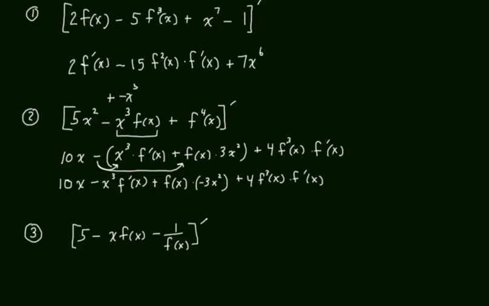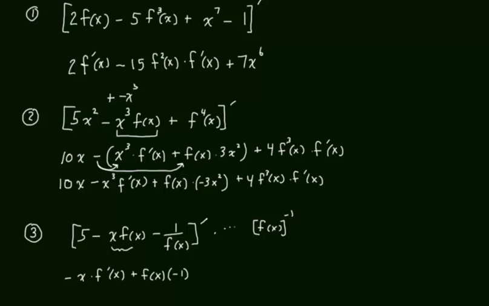So the derivative of 5 is 0. Again, we have the product rule. So negative x times f prime of x, first term times the derivative of the second, plus second term, f(x), times the derivative of the first, which is negative 1. And then over here, again, this is f(x) to the negative 1 power.